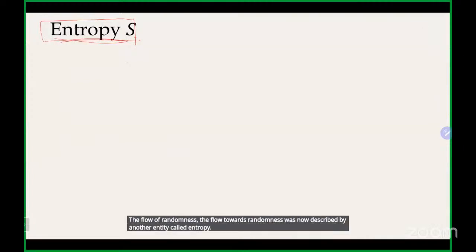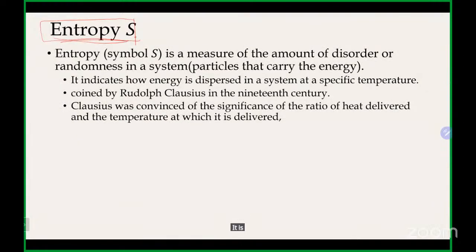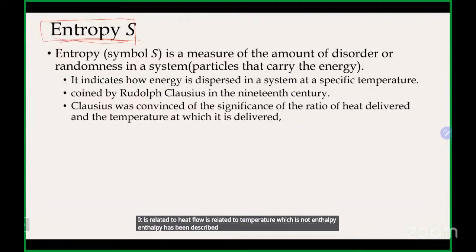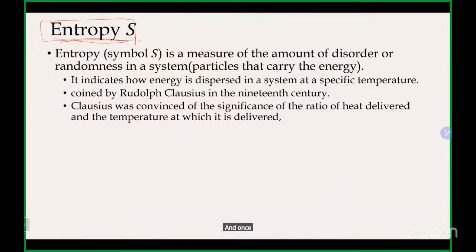The flow towards randomness is now described by another entity called entropy. It is related to heat flow, it's related to temperature, but it is not enthalpy. Enthalpy has been described as the total heat content of a system. And when you change the system, the heat content either flows out or comes in.